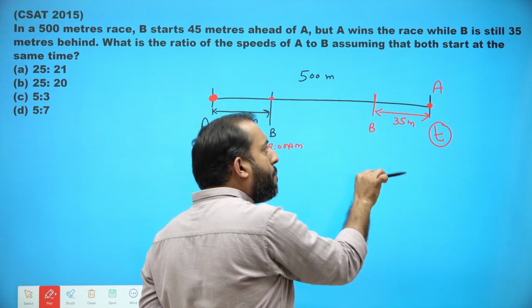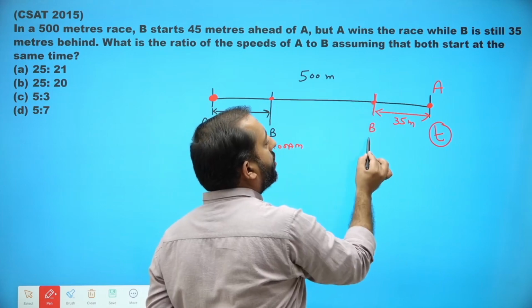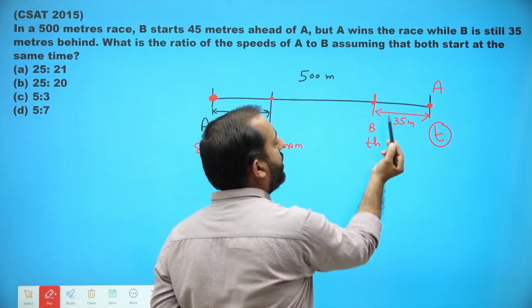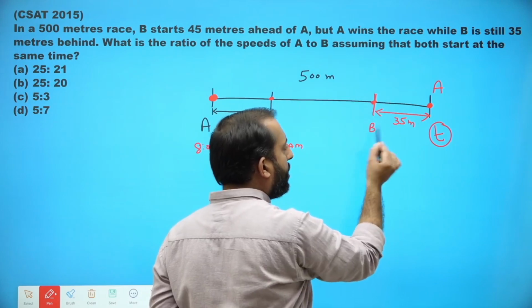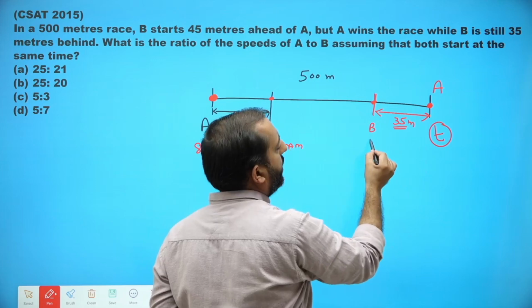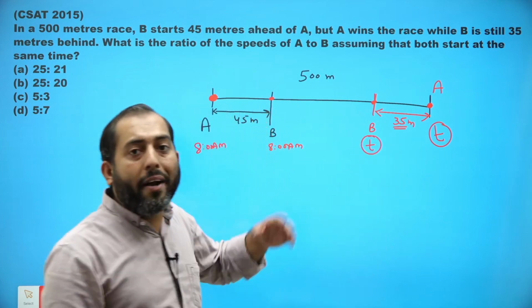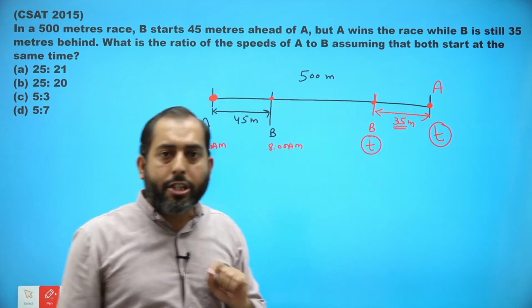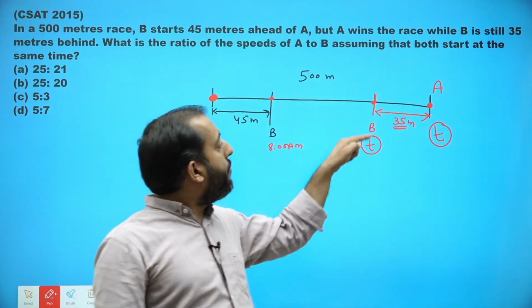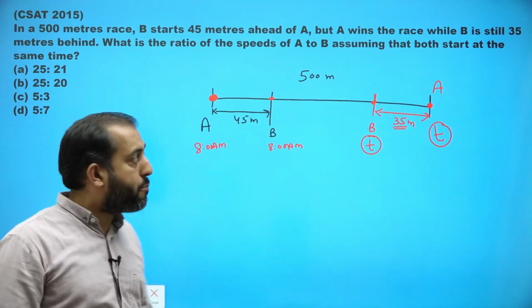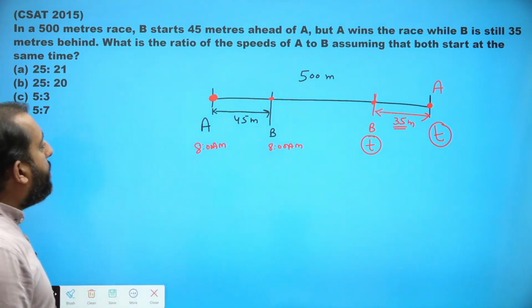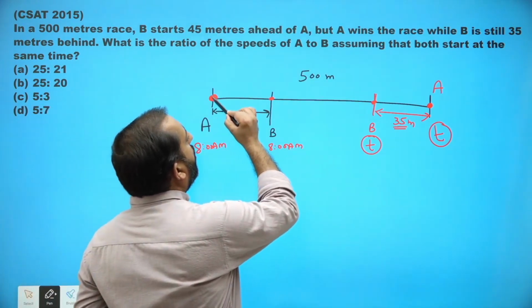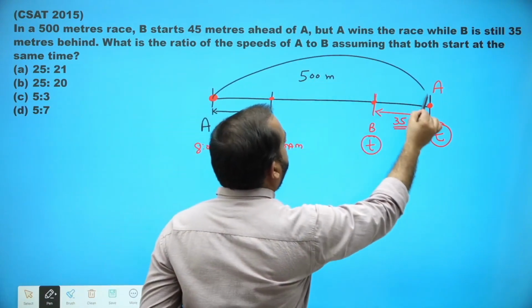At the same moment, B was 35 meters behind him. So the moment when A crossed the finishing line was the moment when B was 35 meters behind. So I can see the time taken by A from beginning to end.